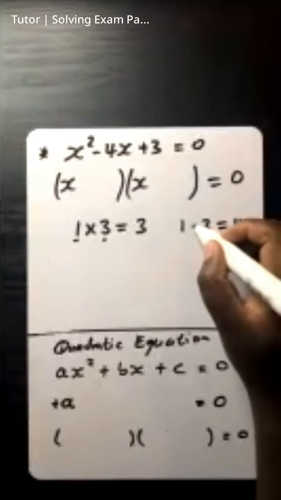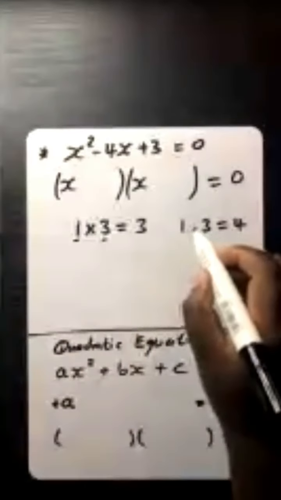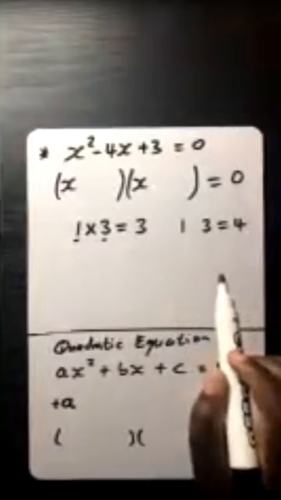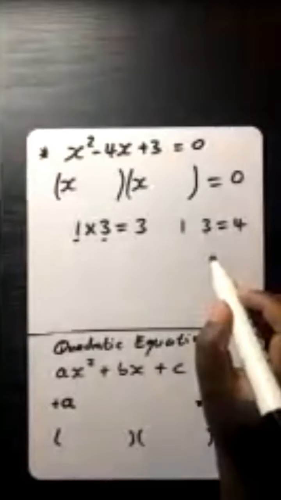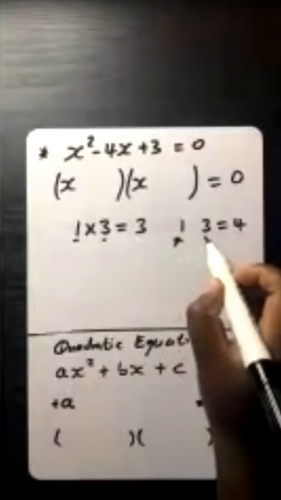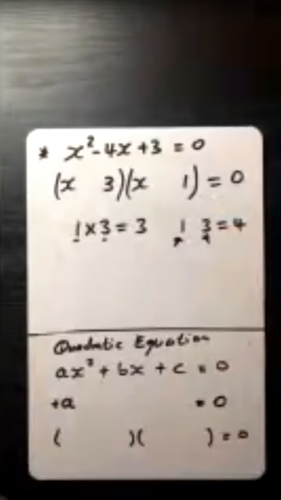You can either use positive or negative, but in this case, you are going to add them to give you 4. Remember, the reason why I'm not writing a sign there is because we are not interested in the sign. So, since you said yes, Shreyas, that means these are our factors. Therefore, we've got 3 and 1.